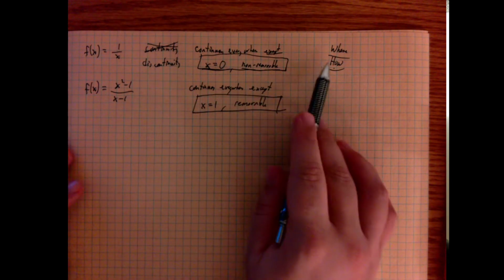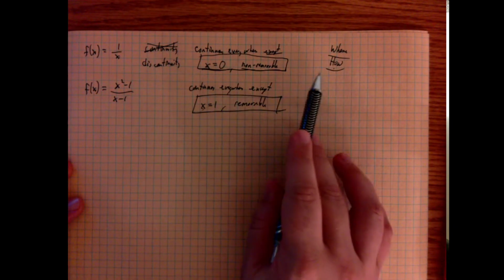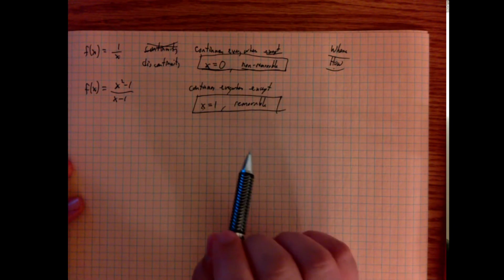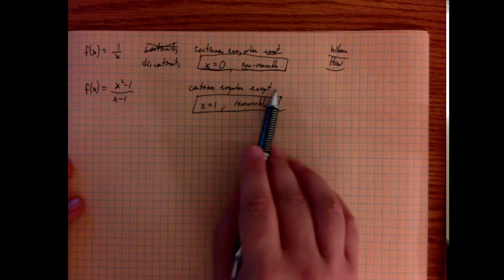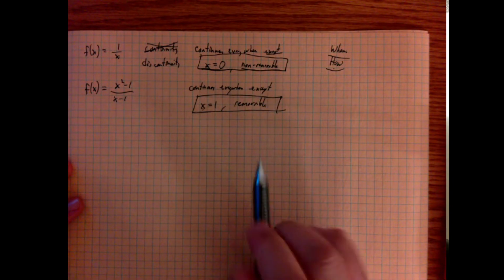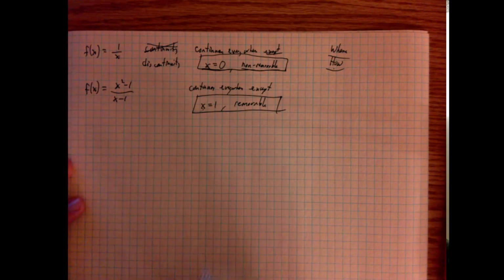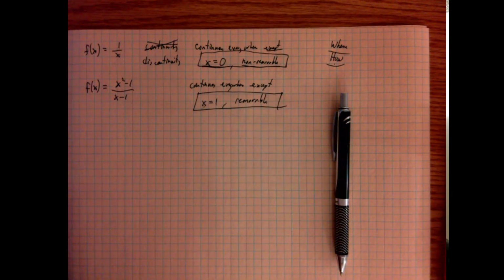So again, we list where we're having problems, at x equals 1, and how we're having problems, with removable discontinuity. So it's continuous everywhere except x equals 1 where it has removable discontinuity. That's how we talk about this function in terms of its continuity. Next one.